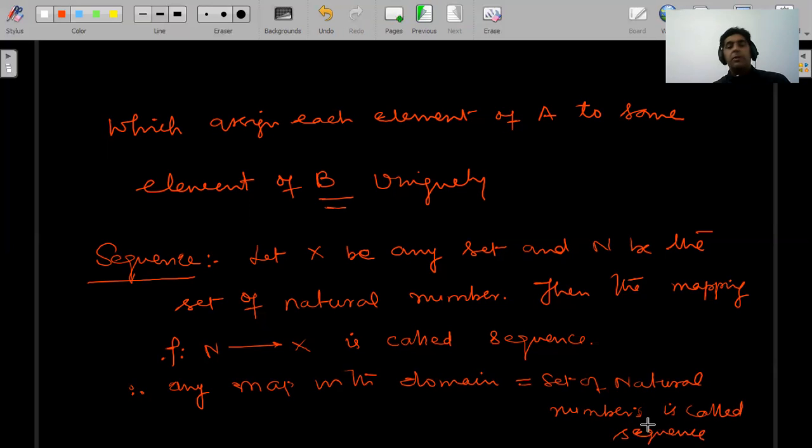So we say that a sequence is that function whose domain is natural numbers. Whenever the domain is natural numbers, we say that is a sequence, right?